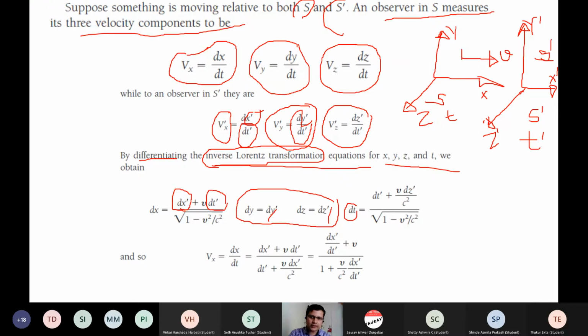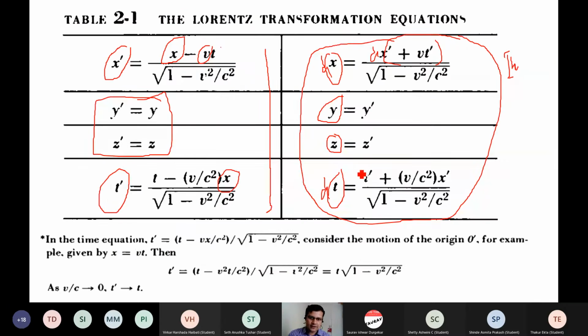Now the differentiation of dt. Take the time equation, t prime plus v by c square multiplied by x prime. That is the Lorentz transformation time equation, and you just need to take the differentiation. So dt you express as dt prime plus v by c square dx prime.